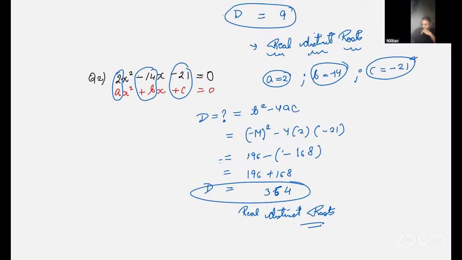Okay, I'll give one more question and then we will do it on the board, so that everyone will do the question in their notebook and we will do it on the board. The equation is x square minus 9x plus 30. This is the question.